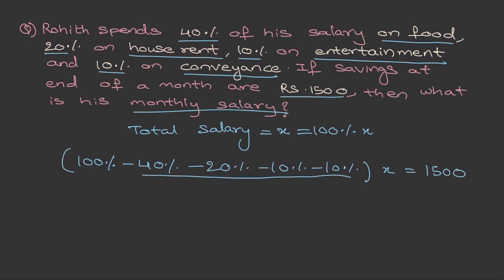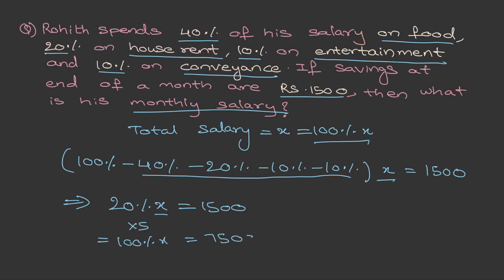So the thing we must find out is X. This gives us 20% of X is 1500 and we need X, that is 100% of X. So as we know 20% of X, to find 100% it must be multiplied by 5, which gives us 100% of X is equal to 5 into 1500, which gives us 7500.